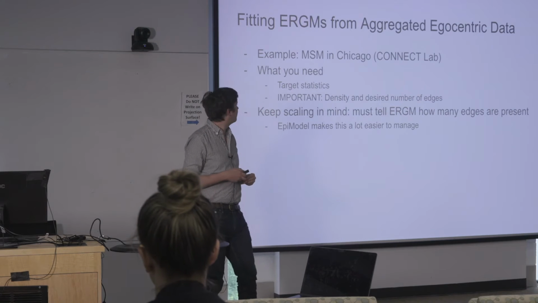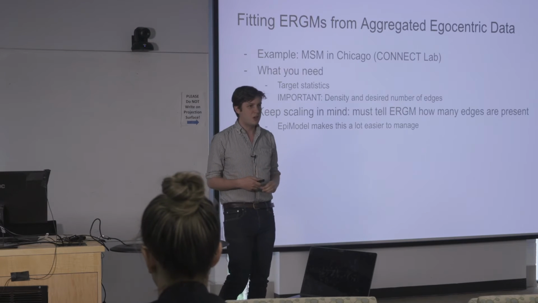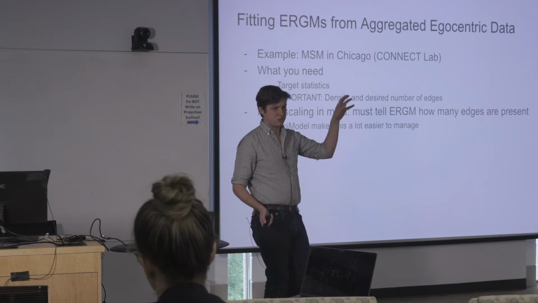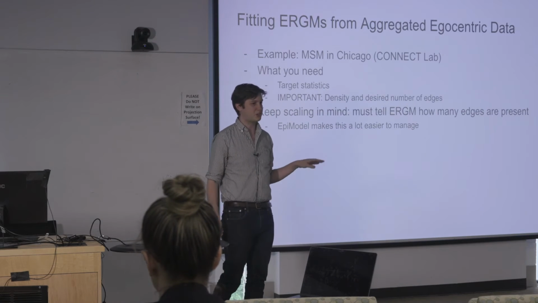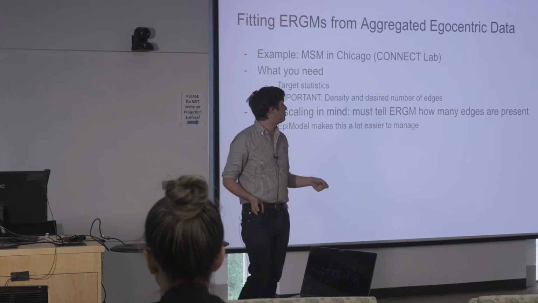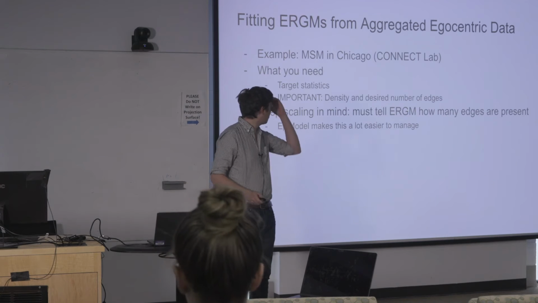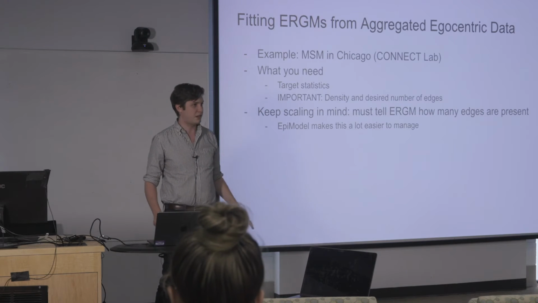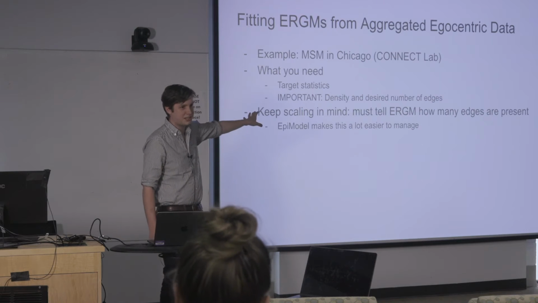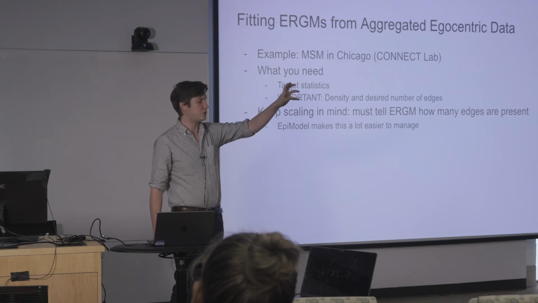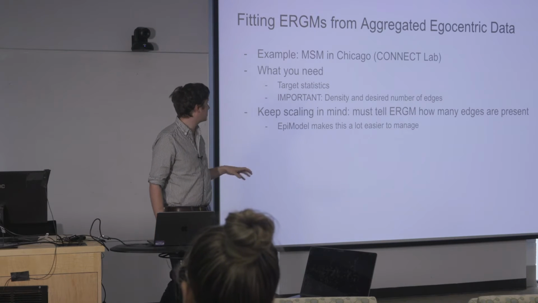And a lot of how they go about doing this is once they've collected the data, they create aggregated descriptive statistics, in ERGM terminology we call them target statistics, and feed them into an ERGM model to then generate the network. This approach assumes that you've already collected your data and you've already done the analyses yourselves to get those aggregated target statistics.